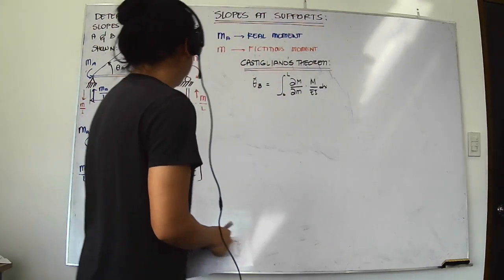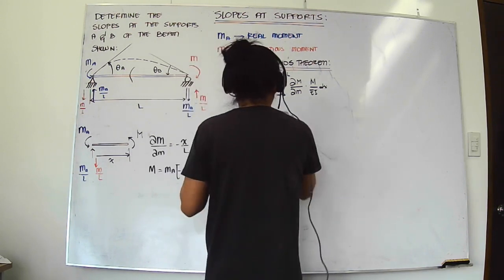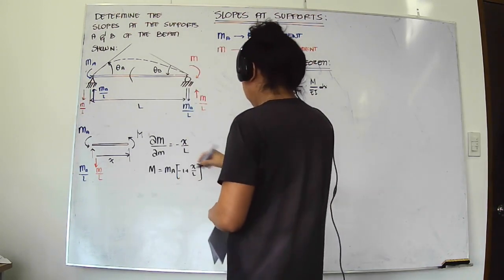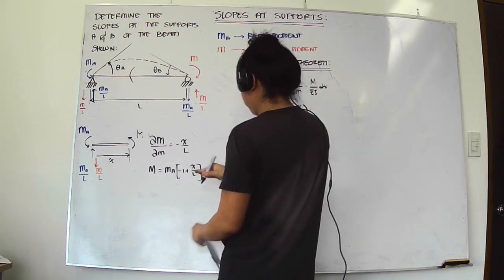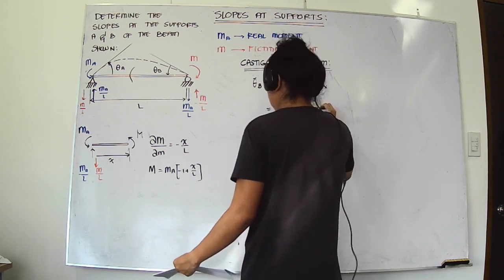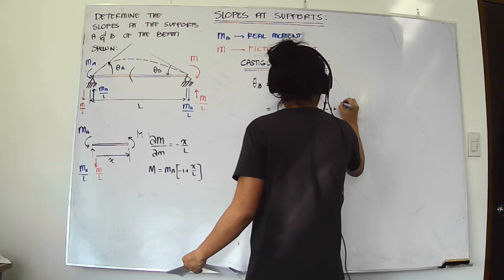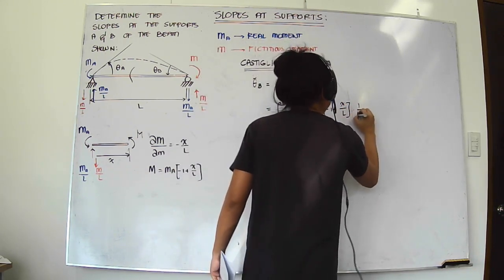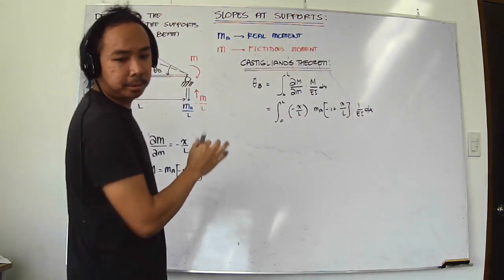Okay? So, we now proceed to Castigliano's theorem for the calculation. For this case, we have negative X over L multiplied by M, which is MA times negative 1 plus X over L. Okay? And 1 over EI is there to compensate for the earlier term. So we have something like this.